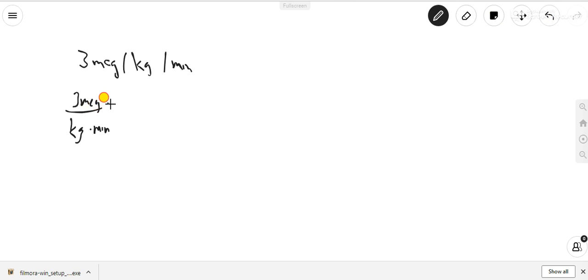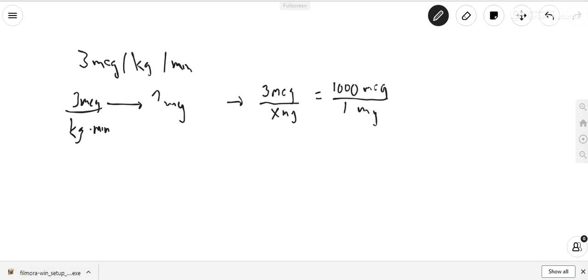So now we're going to take this 3 micrograms and convert it to milligrams. Okay, we'll set up our proportion here. So we have 3 micrograms compared to X milligrams equals 1,000 micrograms compared to 1 milligram.